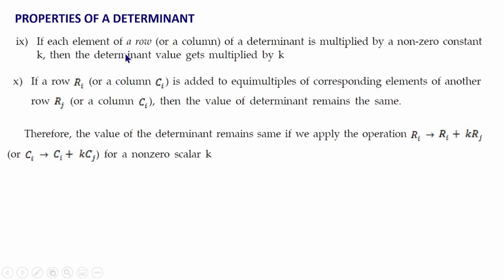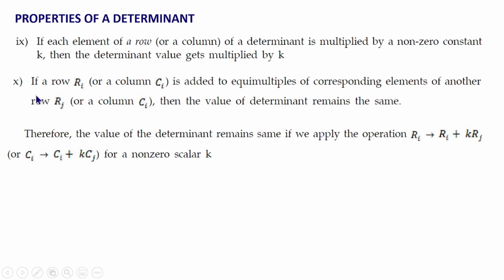Moving on, if each element of a row or a column of a determinant is multiplied by a non-zero constant k, then the determinant value gets multiplied by k. So if you multiply each element of a row or a column by a non-zero constant k, then the value of the determinant is itself multiplied by k.